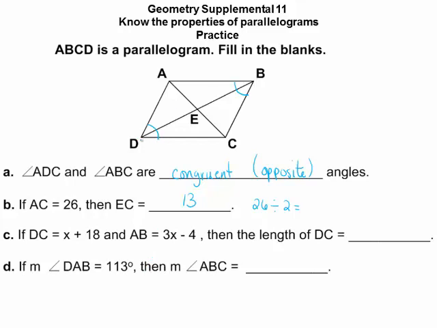Okay, DC, that's this length here, is x plus 18, and AB is 3x minus 4. I know that these two sides are congruent, so I set those equal to each other.